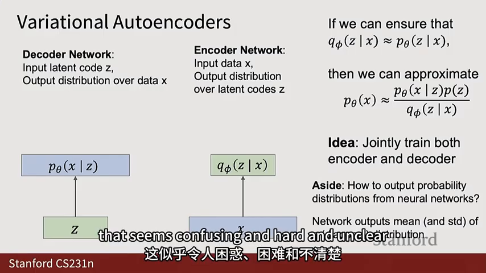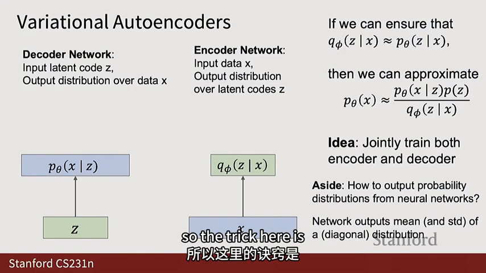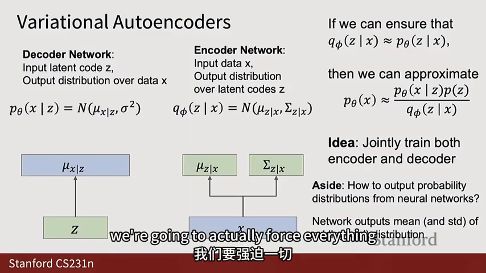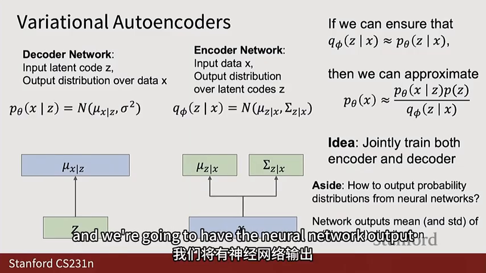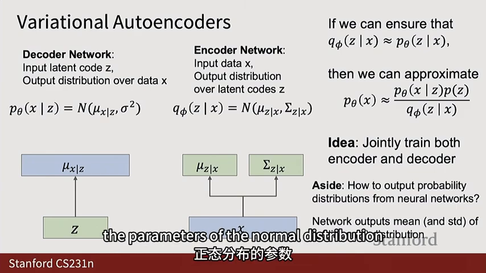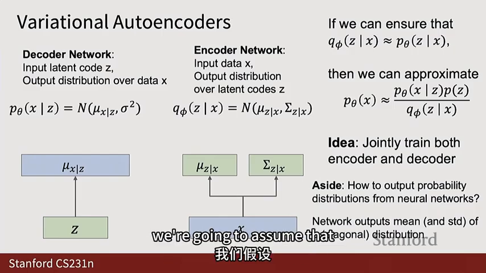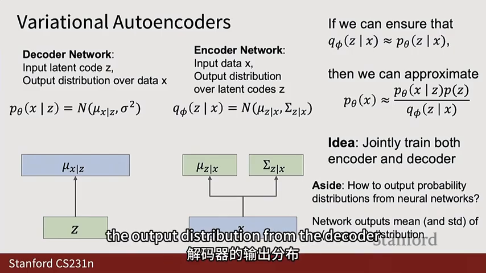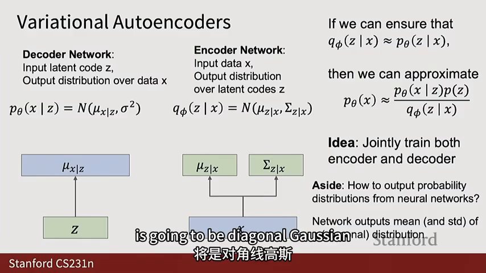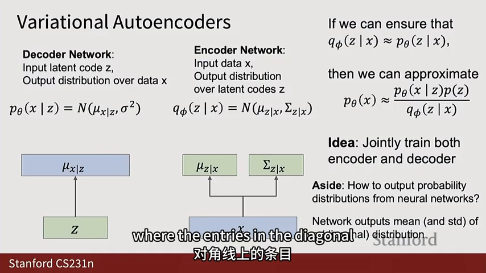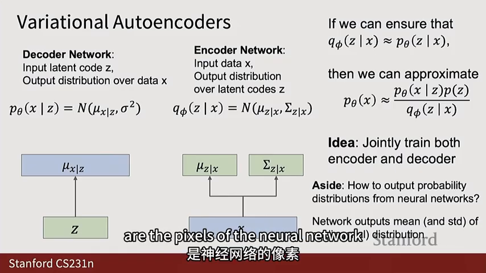That seems confusing and hard and unclear. So the trick here is we're going to force everything to be a normal distribution, and we're going to have the neural network output the parameters of the normal distribution. So typically for the decoder network, we're going to assume that the output distribution from the decoder is going to be diagonal Gaussian, where the entries in the diagonal are the pixels of the neural network.